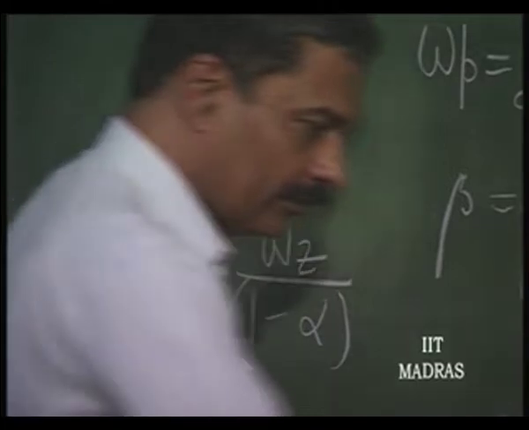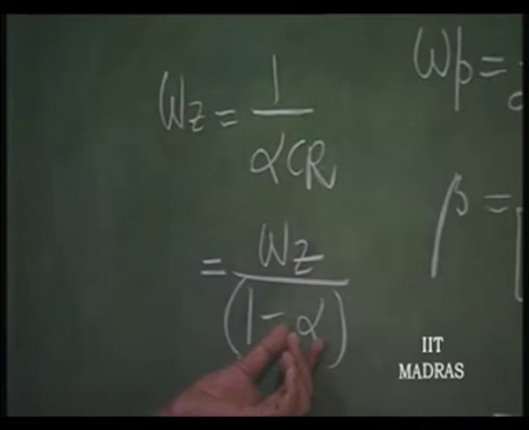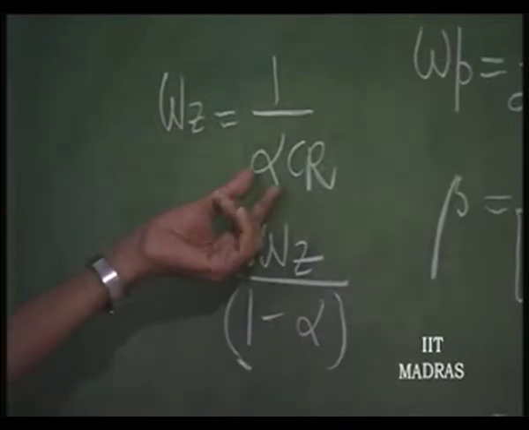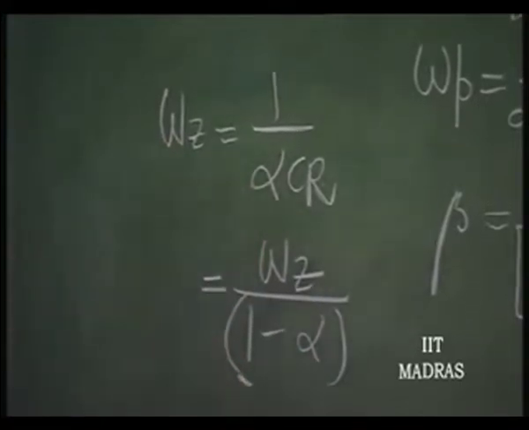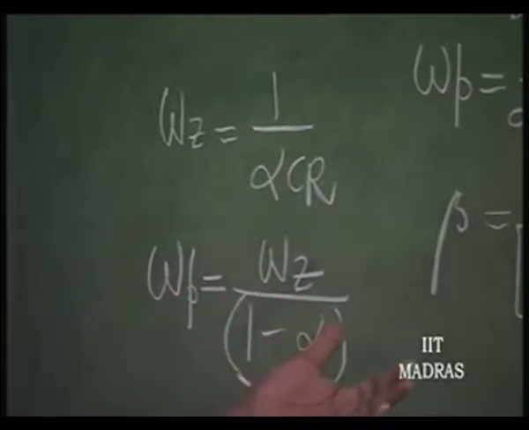So, by making alpha close to 1, the pole is going to be located farther away from the 0.